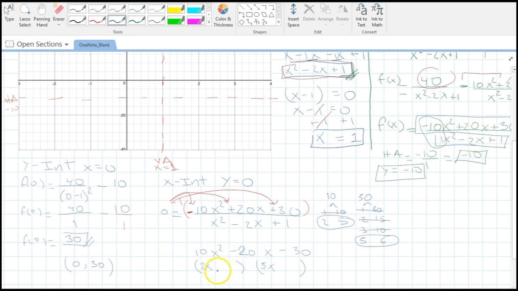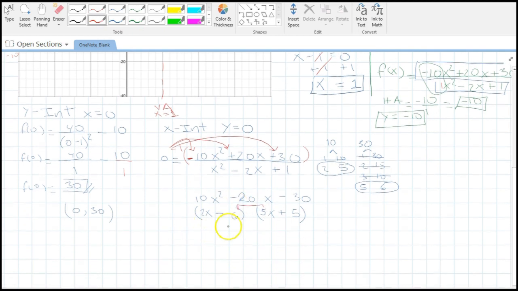Here, 5x. To figure out the first sign, I bring down the negative, and then to figure out the second sign, I multiply negative times a negative, which gives me positive. Factors of 30. I think if we use this 6 here and 5 here, that will work out. I'm going to show you my shortcut to figure out if my factoring is correct. I multiply inners, that gives me a negative 30x.